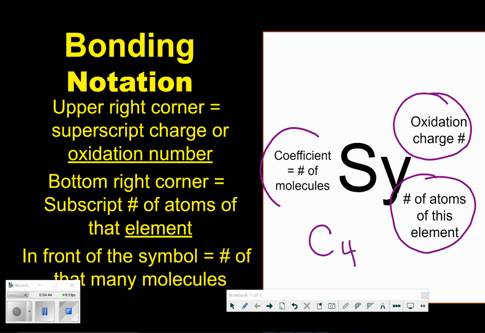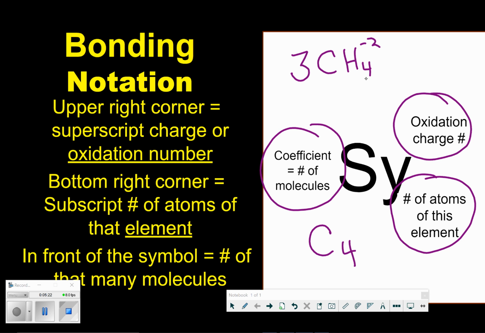The front number right there will tell you how many of that molecule there are. So if we had CH4 and we had a -2 and you had a 3 right here. So what this is saying is the CH4's overall charge is a -2. That means it has 2 missing electrons for it to be full, so it needs to steal 2 electrons.